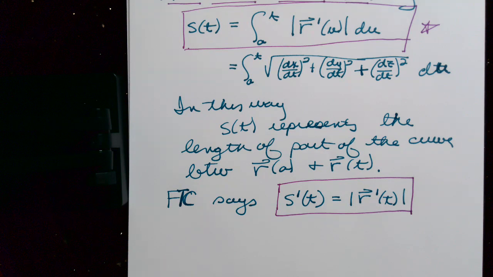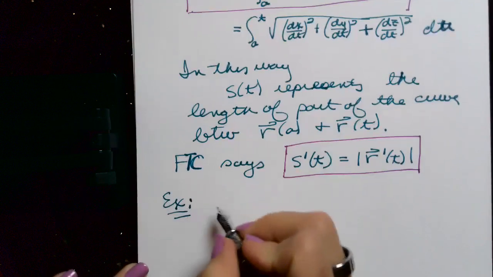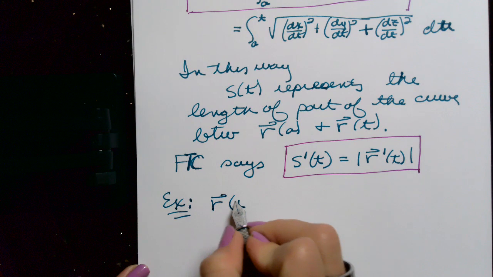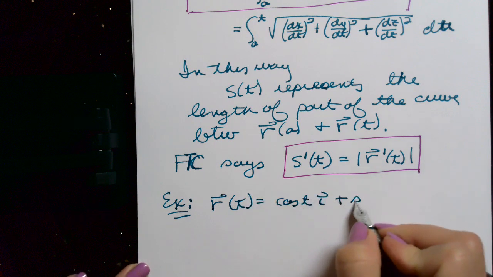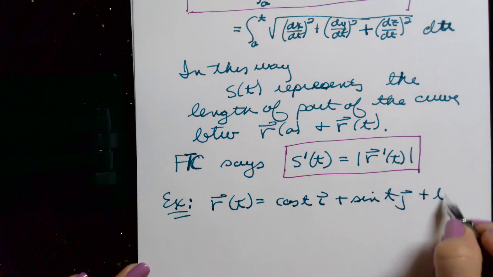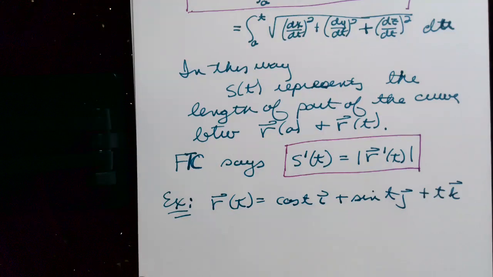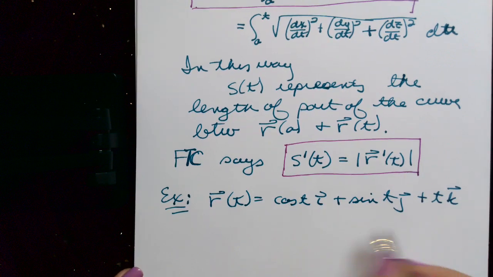So let's look at an example of that. Sometimes, for example, you might want to say, I give you a curve r of t, which is cosine t i plus sine t j plus t k. And if you remember, we've seen this curve before.